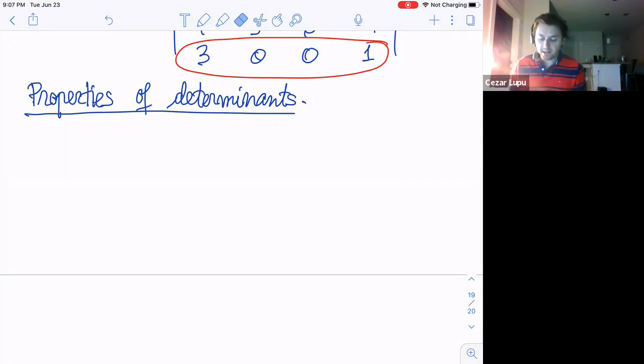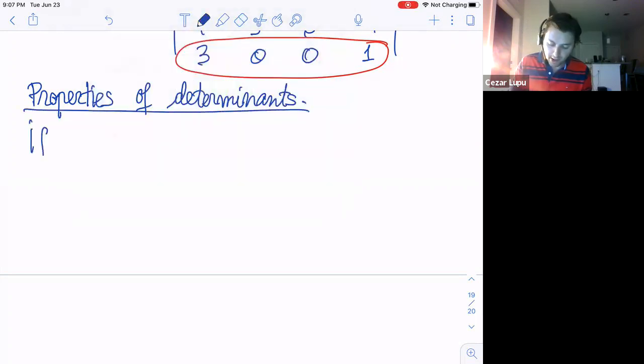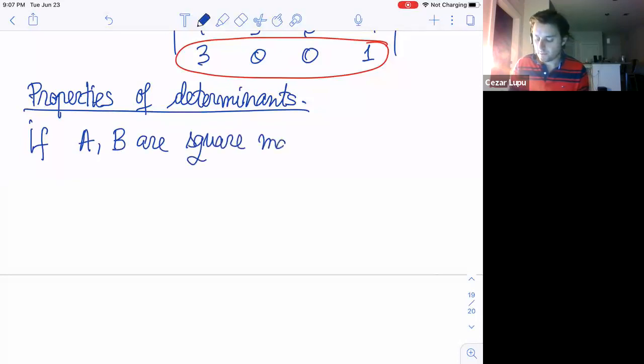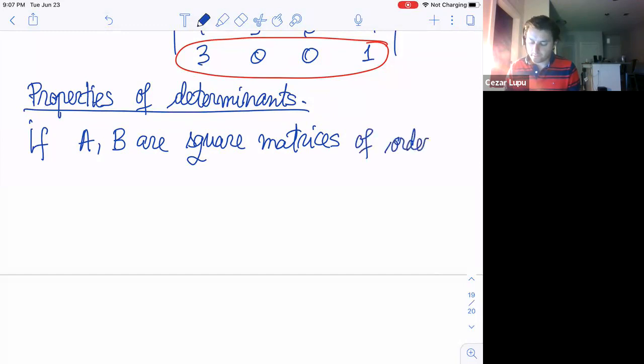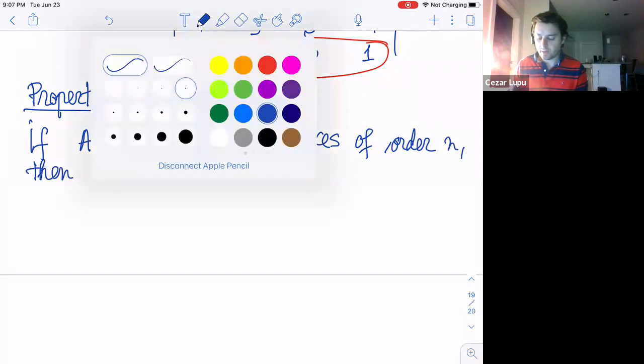So let A and B be square matrices of order n, then we have the following important property.